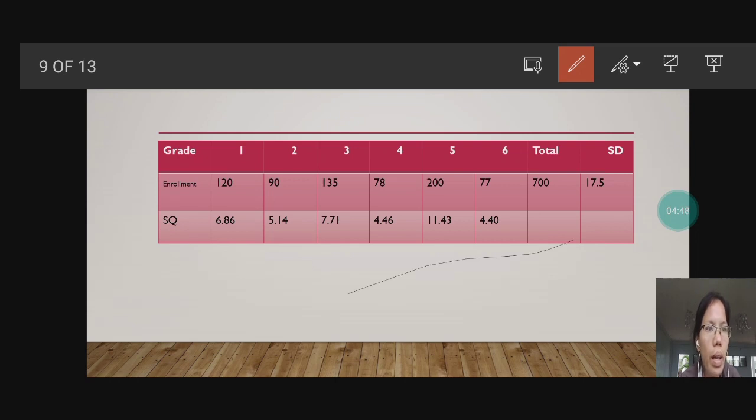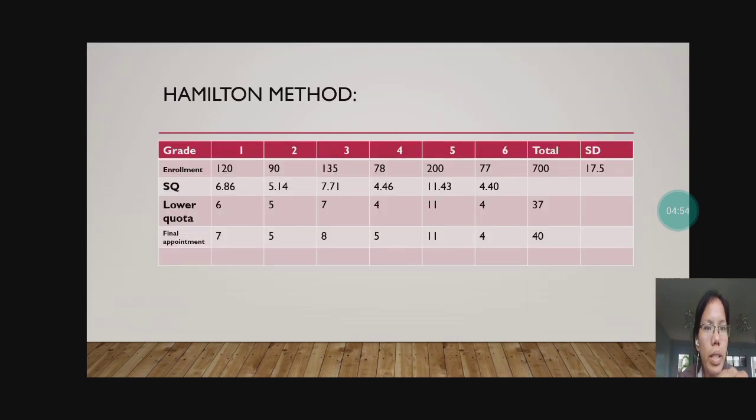So next, we will find the lower quota. The standard quota is what we have on the upper side. The lower quota of 6.86 is 6, so we take the whole number.